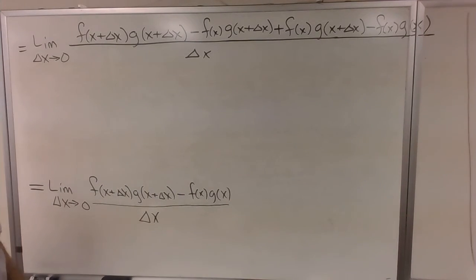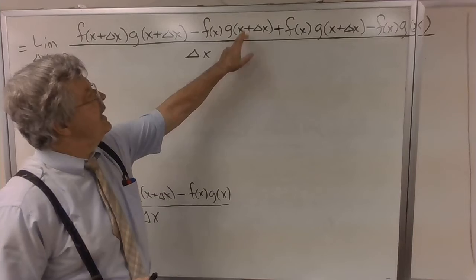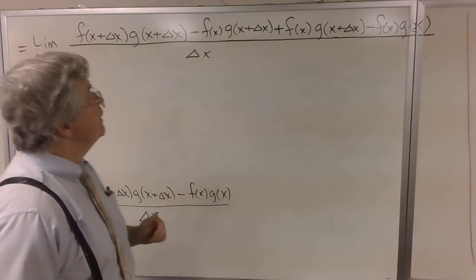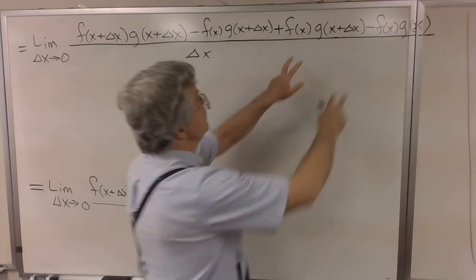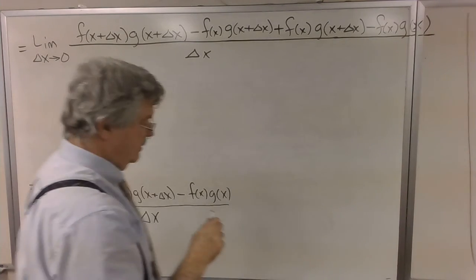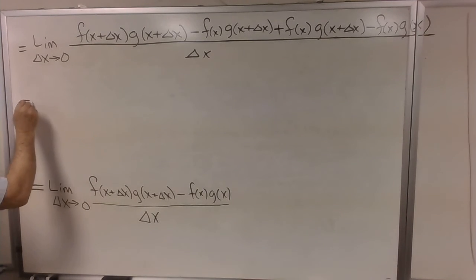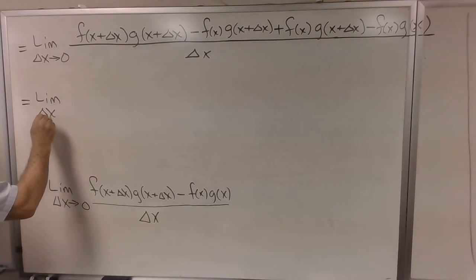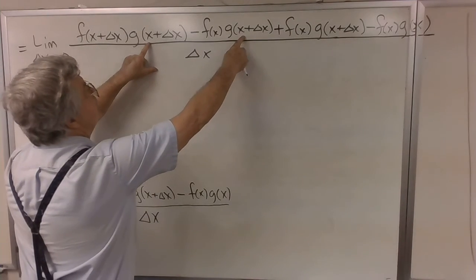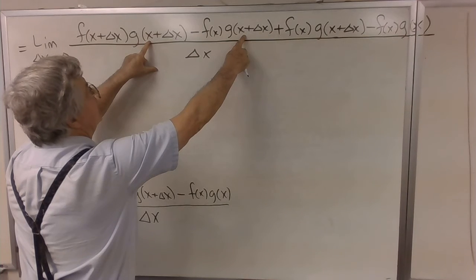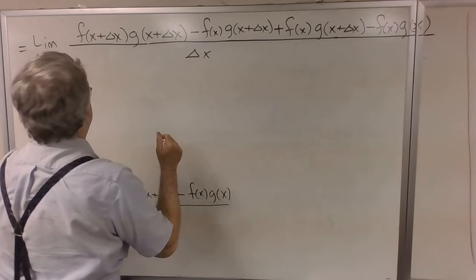Now, why on earth was it advantageous for us to subtract this term and then add it back? Apparently, I want to group the first two terms, and I want to group the last two terms. So let's see. These first two terms have a common factor of g of x plus delta x. I'm going to factor that out.